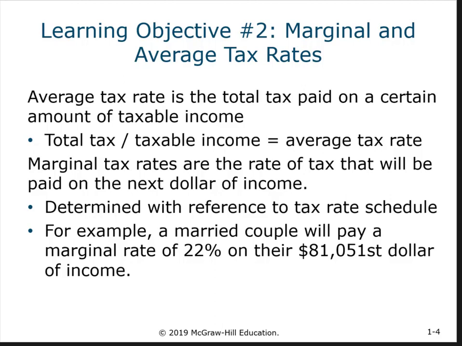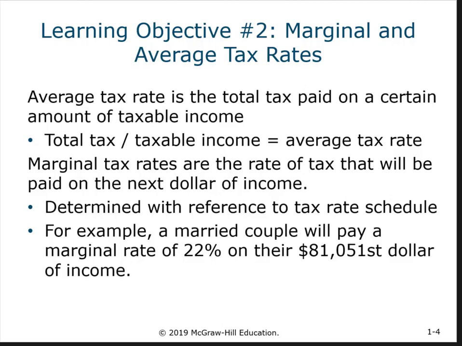Marginal tax rate is the rate you're going to pay for the next dollar of income. So with the rates we were looking at earlier, if your income is in the 12% tax bracket, anything between that $9,950 and up to the $40,000, your marginal tax rate would be 12%.